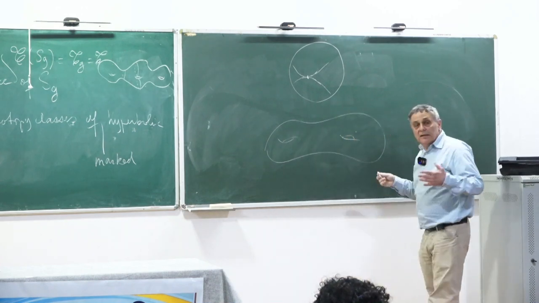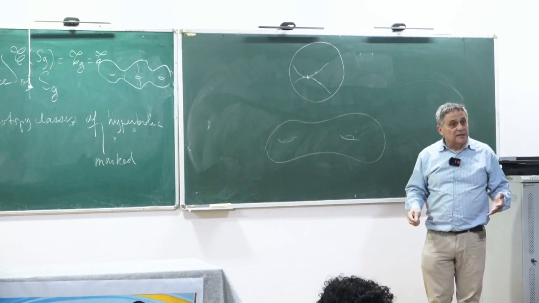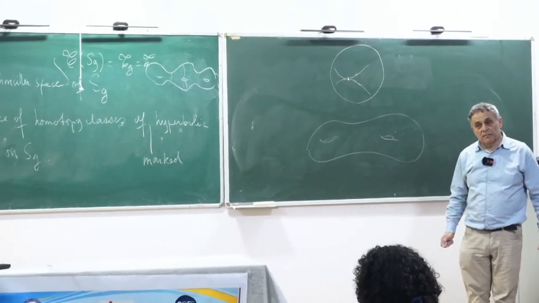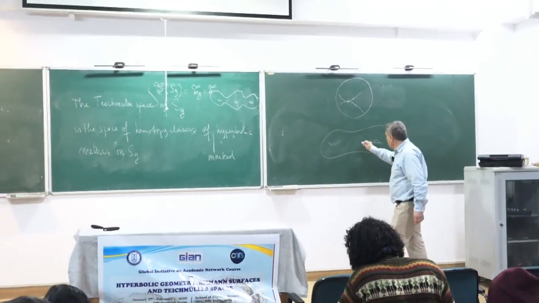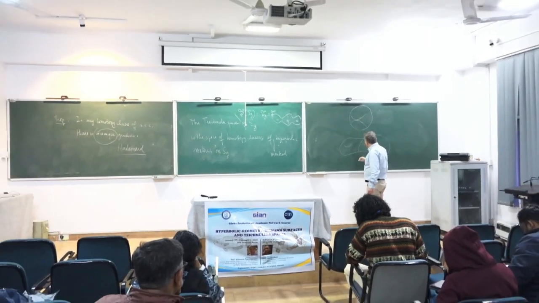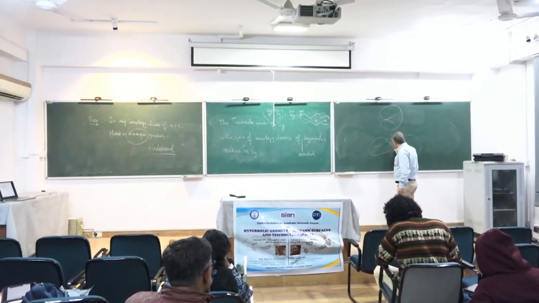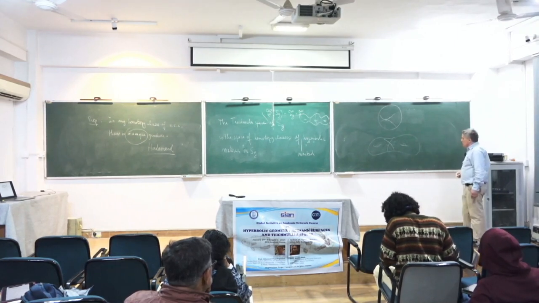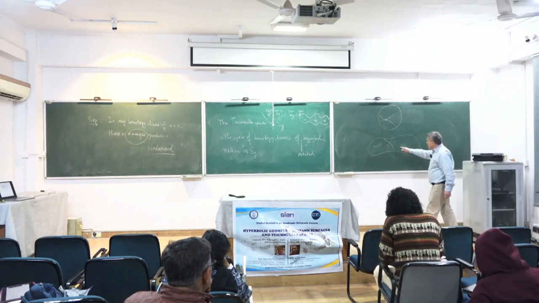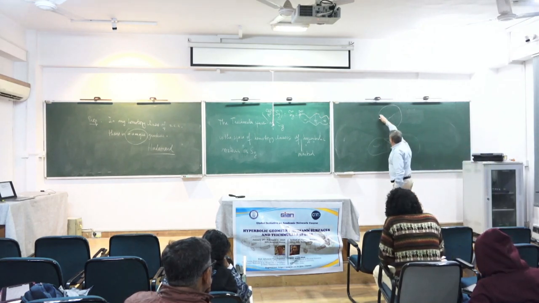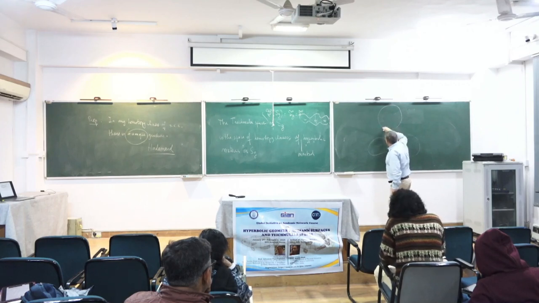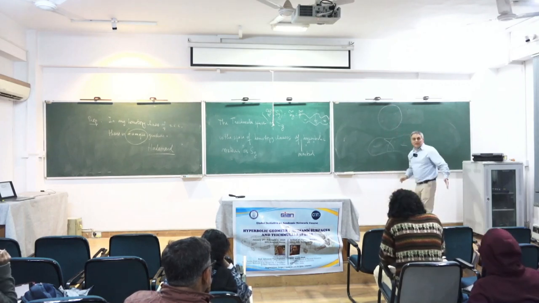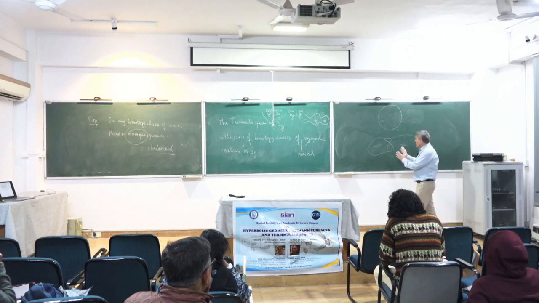And suppose that in some homotopy class, I have two closed geodesics. So this is one, I represent them symbolically, and then this is the second one. So this is a geodesic, and this is a geodesic, and I have a homotopy between them.